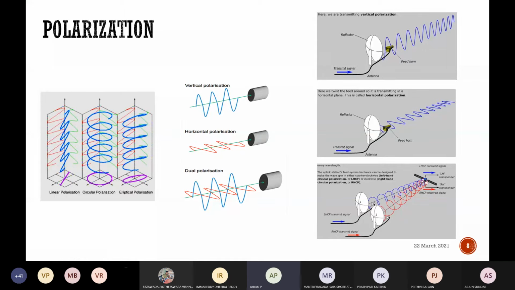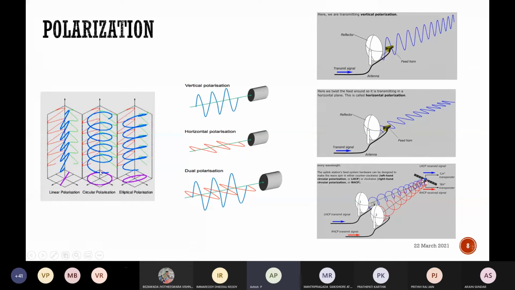Then this is polarization of antenna, which is also important, but you can just see these diagrams. Vertical polarization is when the electric field vector is oriented in the vertical direction, and if it's horizontal, then it's horizontal polarization. Basically, polarization is the orientation of the electric field vector. If you see the top view and the locus is like a line, then it is linear polarization.